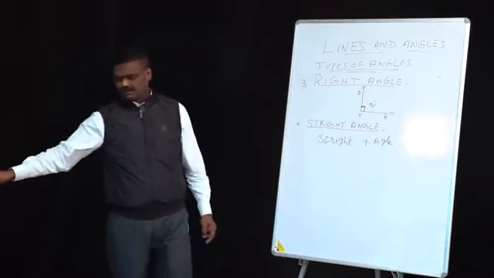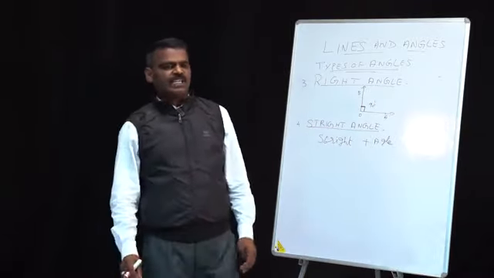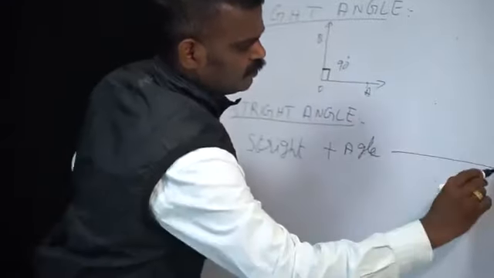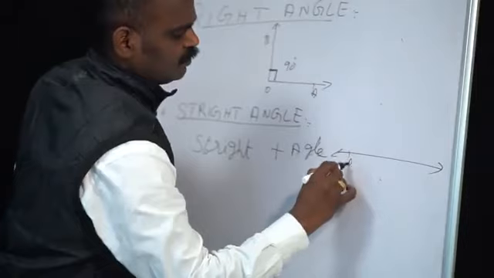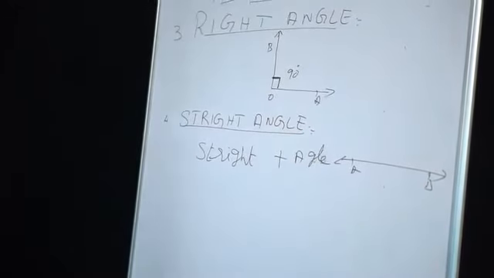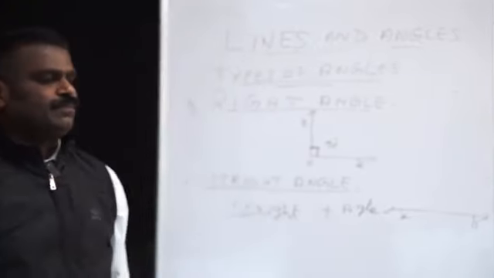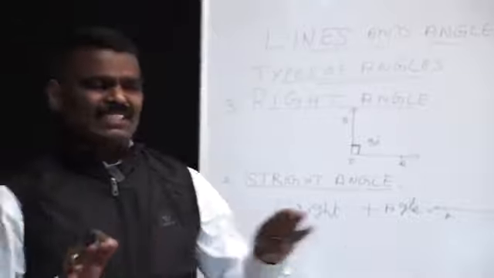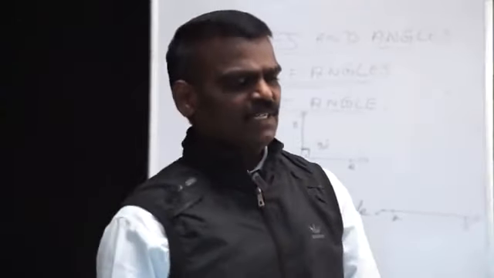Straight angle means, you know very well, line AB. AB is a line, that is a straight line.